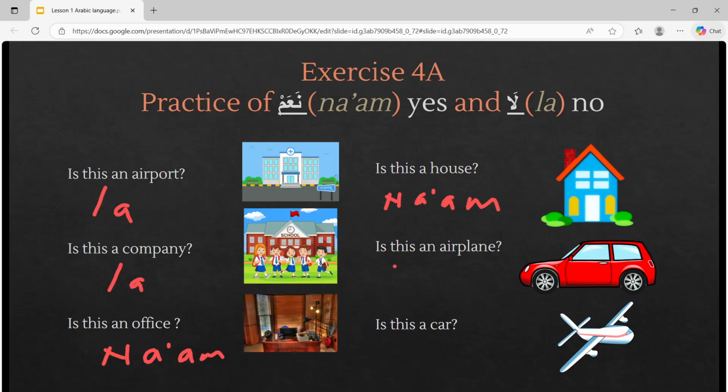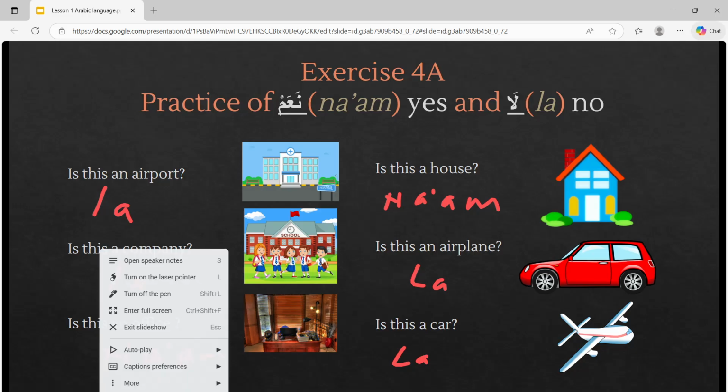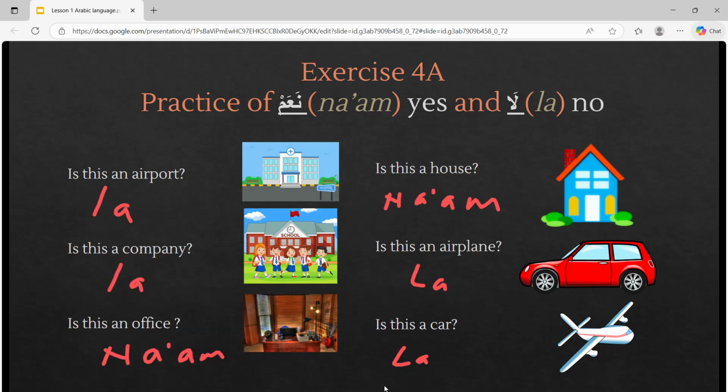Na'am. Is this an airplane? La. Is this a car? This is a sayyara. It's not an airplane. It's a sayyara. It's a car. Is this a car? This here? No. La. This is a what? This is a طائرة. All right. So we're just practicing the use of na'am and la. All right. Let's go to the next exercise.